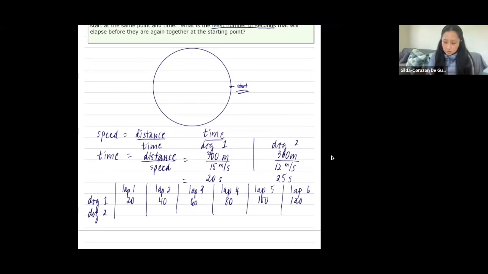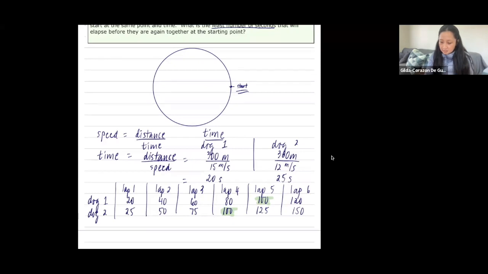And then dog two, you have 25 seconds, 50 seconds, 75, 100, 125, and 150, etc. I think they picked the circular path because with a circle, it's never ending. Hopefully those dogs get rest. And we see here that they will be at the starting point after 100 seconds.